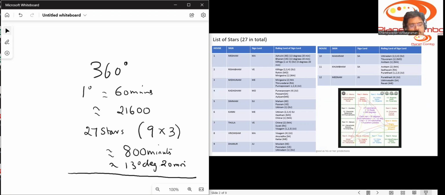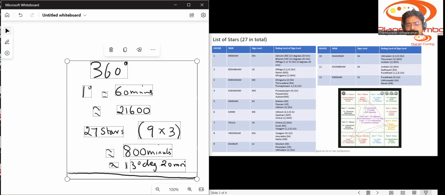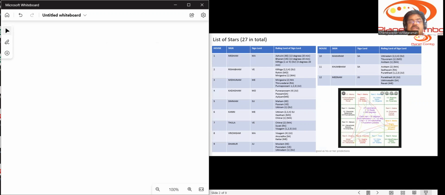Now, what are the 27 stars? It's mentioned in the slide on the right. Let's take an example, Mesha Rasi, or Mesha sign. It's divided into: the first star is Ashwini, 13 degrees 20 minutes.